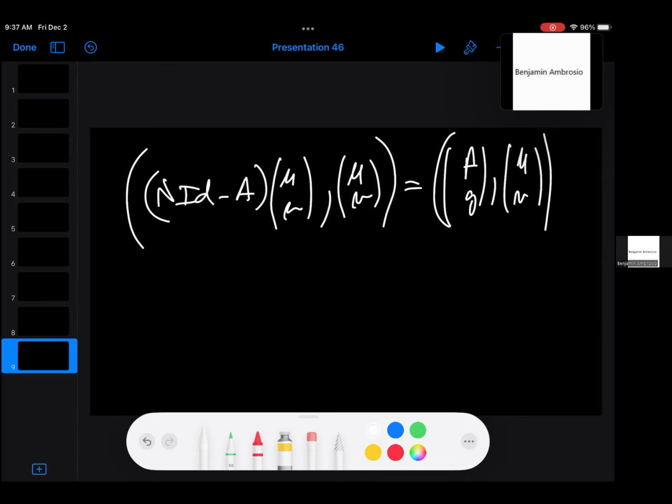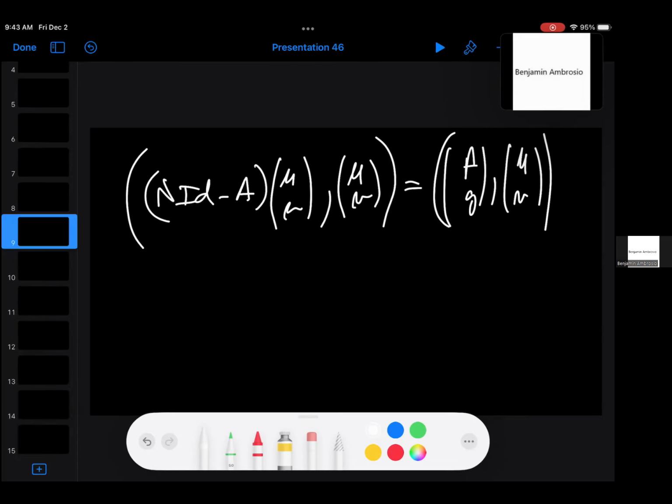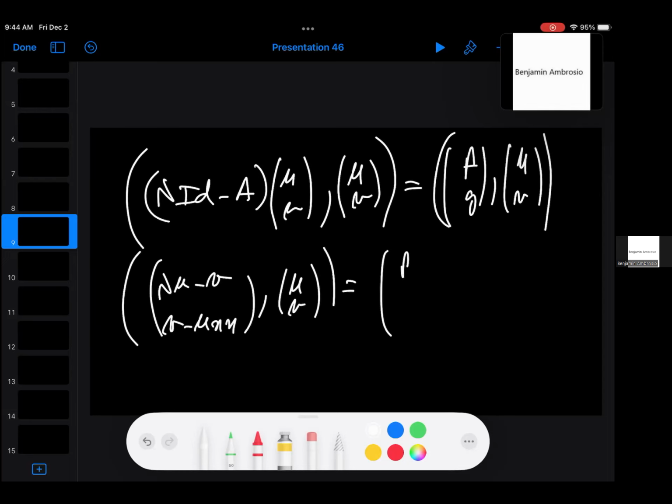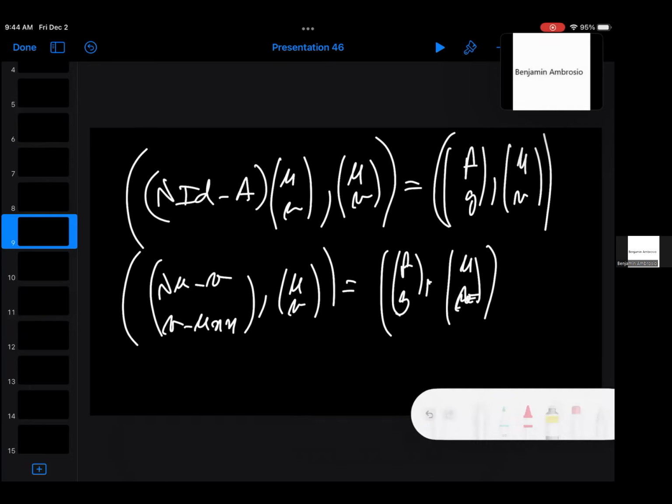So let's write that. So this is the same as writing lambda u minus v, lambda v minus u xx, with the scalar product with (u, v), equals (f, g) with the scalar product with (u, v).